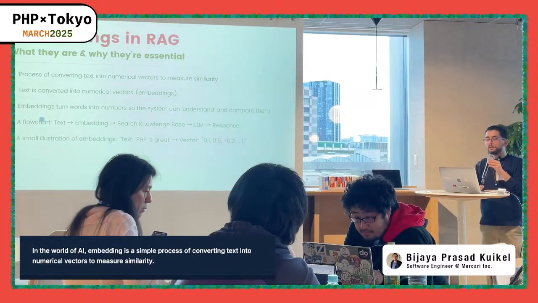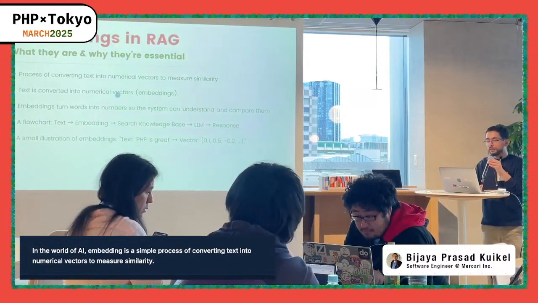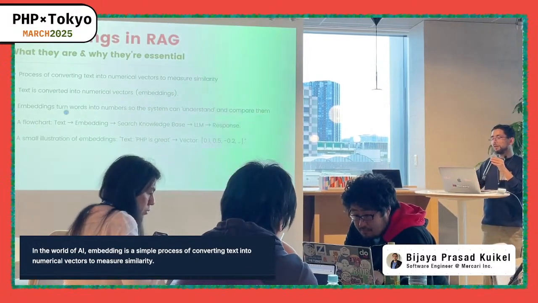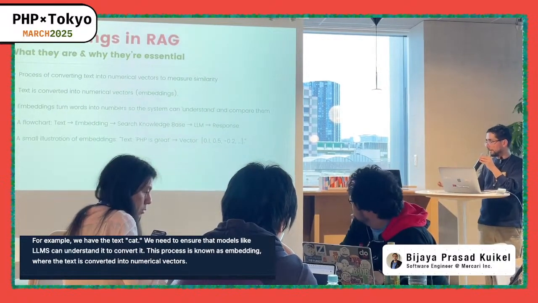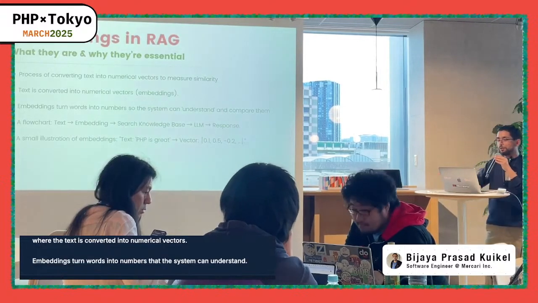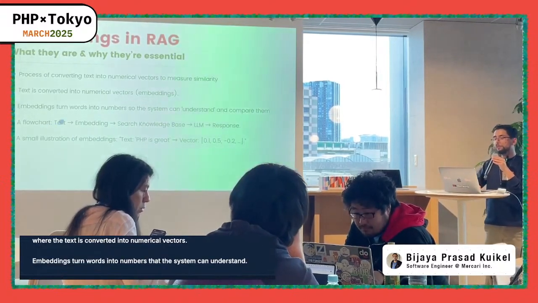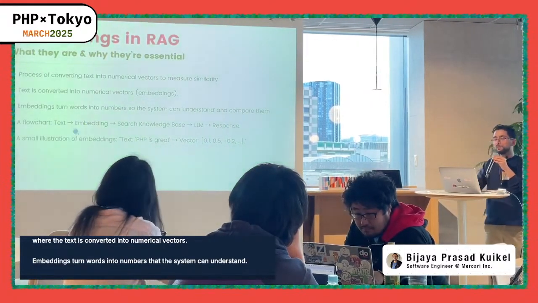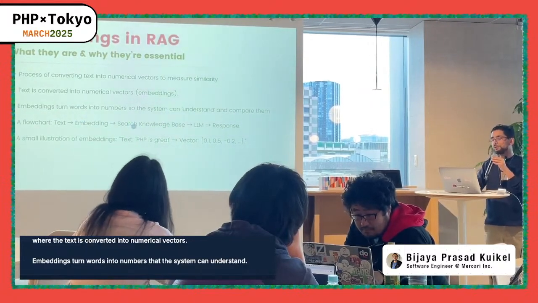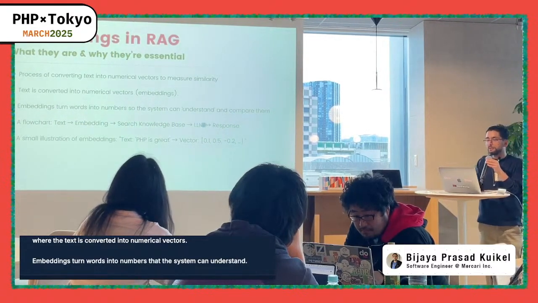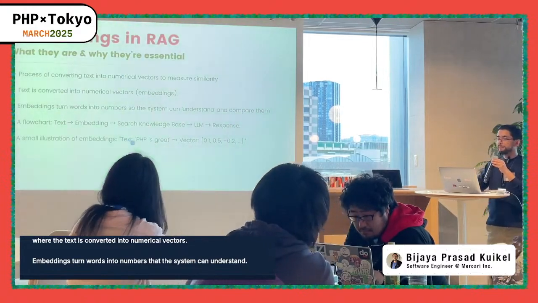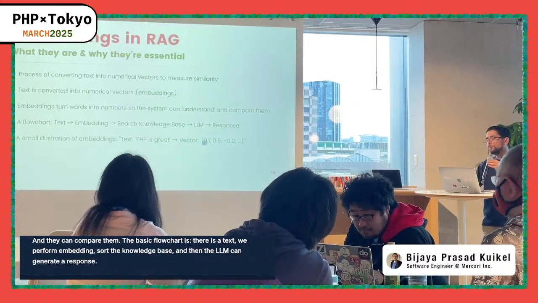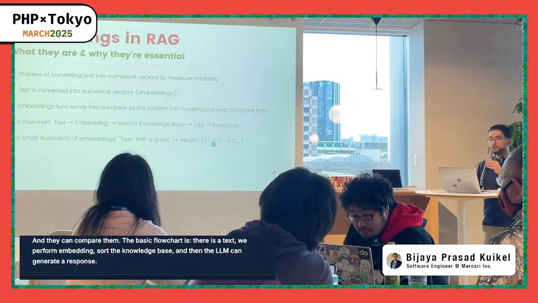The text is converted into numerical vectors, which are known as embeddings. Embeddings turn words into numbers that the system can understand and compare. The basic flowchart would be: there is a text, we perform some sort of embedding, then we can search the knowledge base, and the LLM can generate a response. For example, there is a text, PHP is great, and the output would be some sort of array.